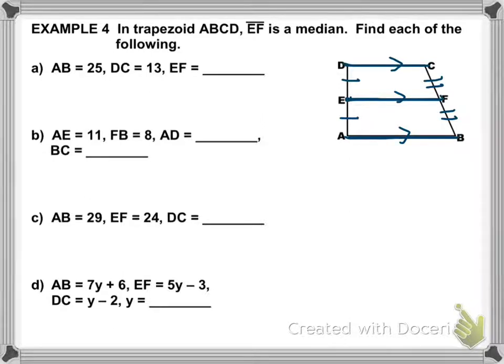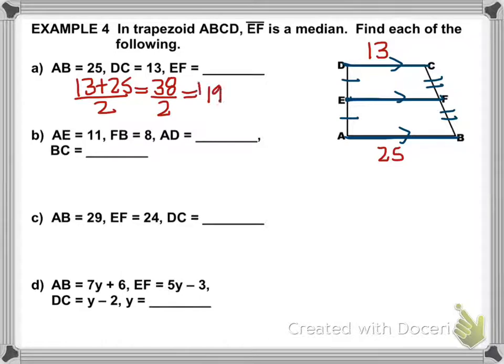So let's go ahead and look. So A says AB is 25, DC is 13. So 25 and 13. Okay, so basically we're going to average those together and that'll be the length of EF. So 13 plus 25 divided by 2. 13 plus 25 is 38. 38 divided by 2 equals 19.